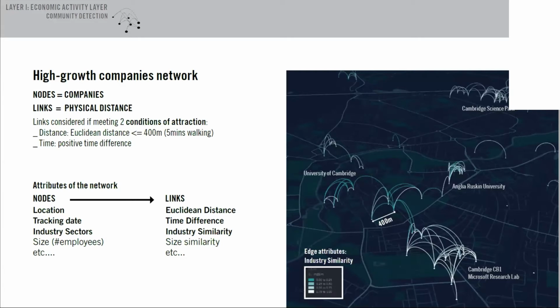First, we start constructing a network of these high growth companies, and we do so by following two conditions of attraction. A company creates linkages to already existing companies that are within a radius of 400 meters, which is 5 minutes walking. That's how we are defining attraction between companies in this research piece.